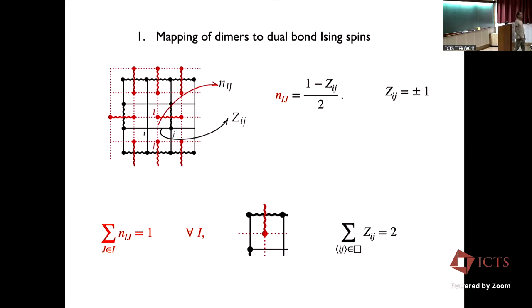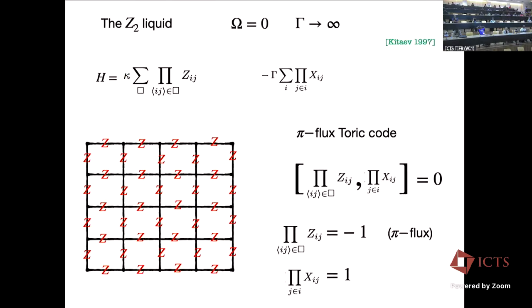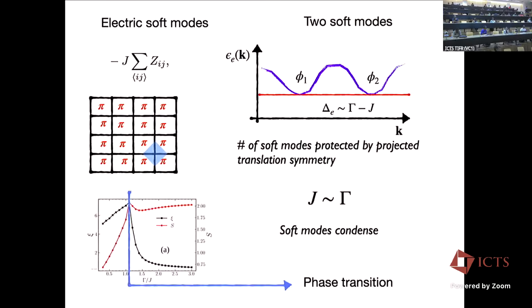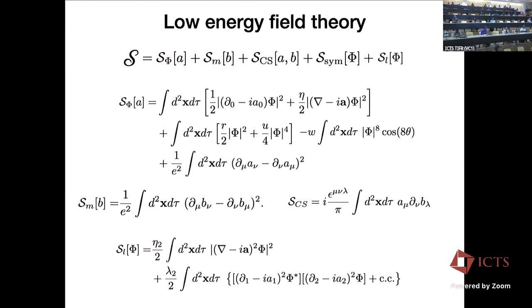Can you go back to that action that you showed towards the end of your talk? Yeah. So it seems that the cos 4 theta term is missing, and that's because of some symmetry. Yeah. So the cos 4 theta term is missing because doubled monopoles, doubled instantons are disallowed. Only quadrupled instantons are allowed.